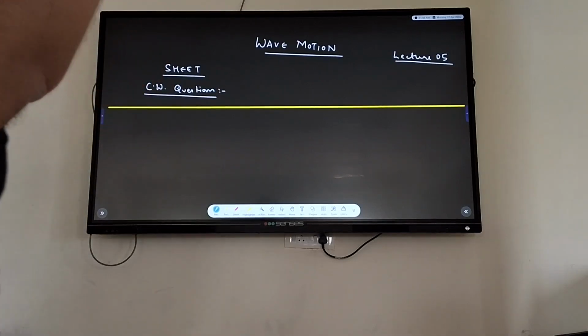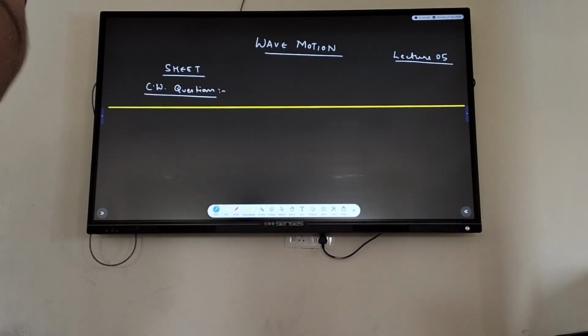Write your name at the top of the sheet. You should have 15 classwork questions and 10 homework questions on the first page, and then 16 more homework questions in the second page.